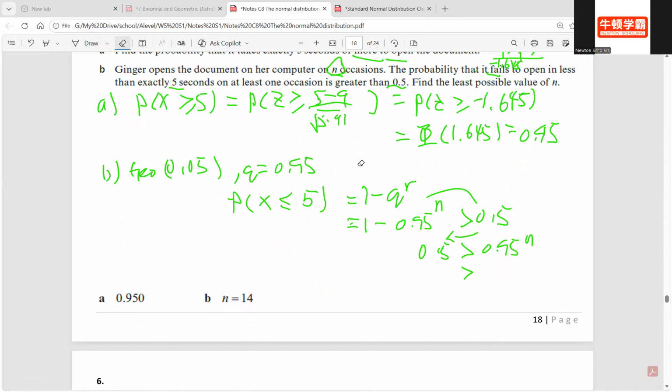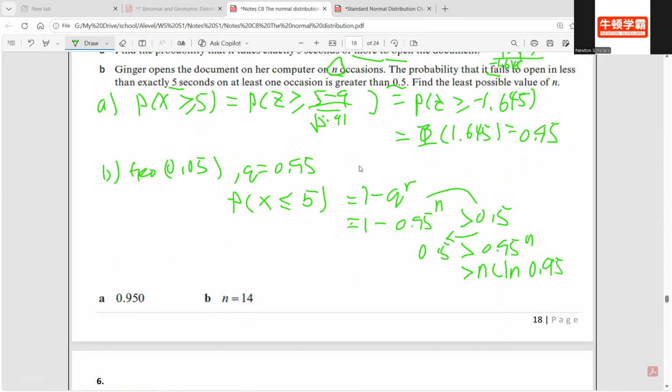Press the calculator first. ln 0.95 gives negative 0.0513, and ln 0.5 gives negative 0.693.